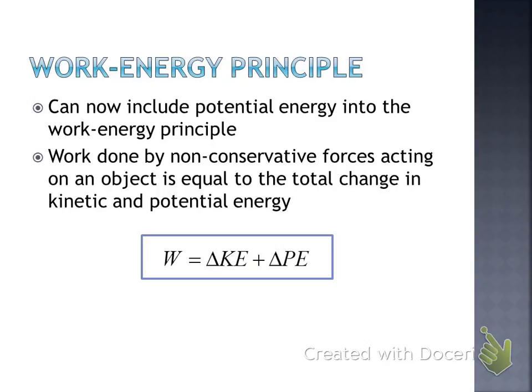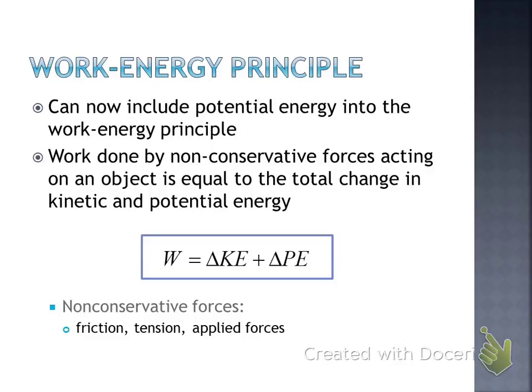Okay, so your book talks a lot about conservative and non-conservative forces and how those affect work. I'm not going to go into that a whole lot, but basically you're looking at work done by non-conservative forces, which, for example, could be friction, tension, applied force, anything that is really coming into contact with your object.